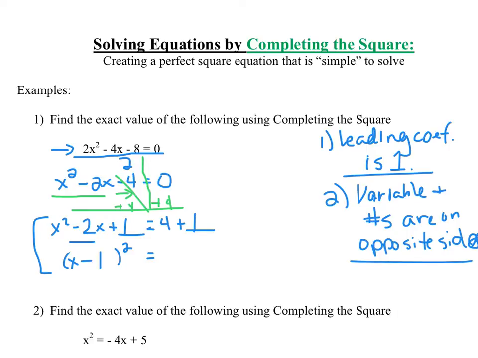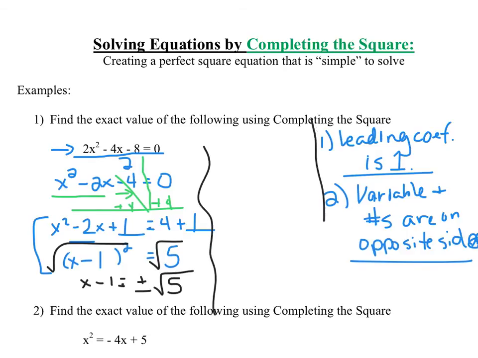All right, so 4 plus 1 is 5. Now we have this great perfect square, and we solve it. So we take the square root. Remember, whenever you put the square root on, plus and minus must appear. All right, so then you have x minus 1. X minus 1 equals plus or minus radical 5.